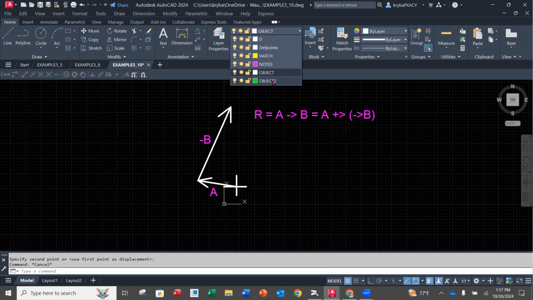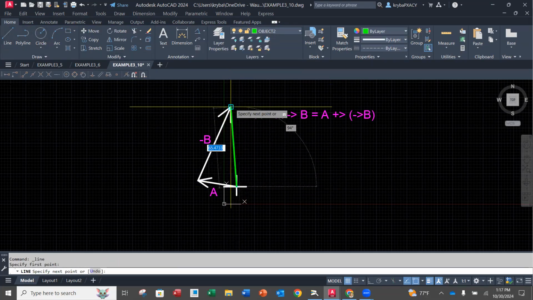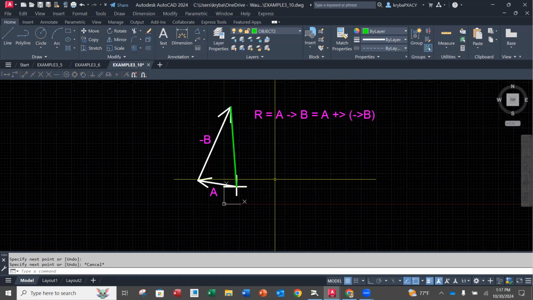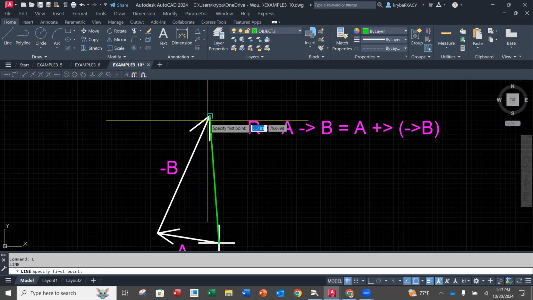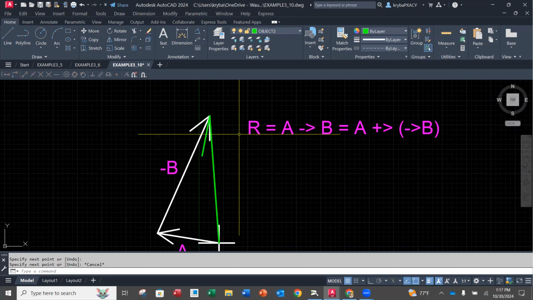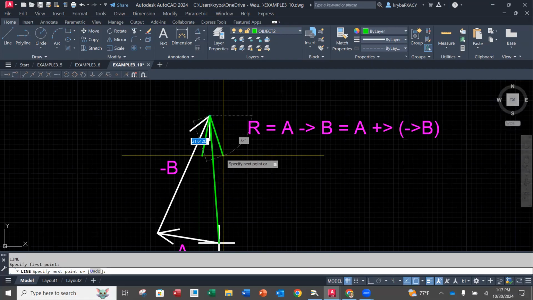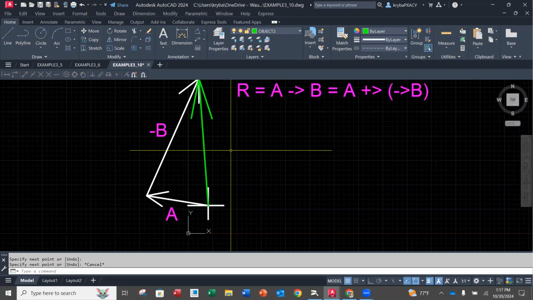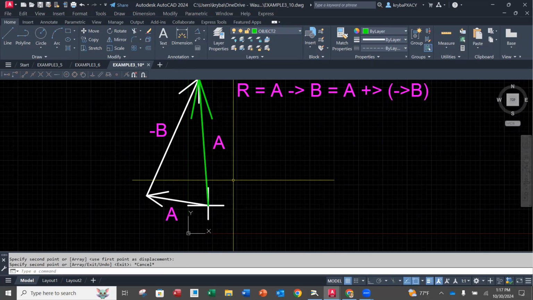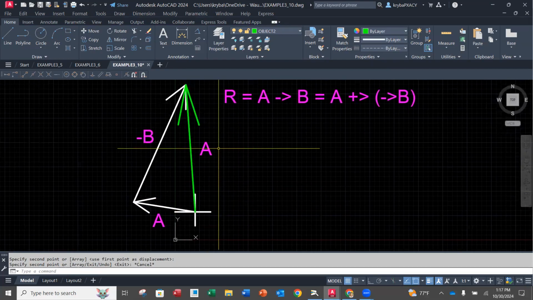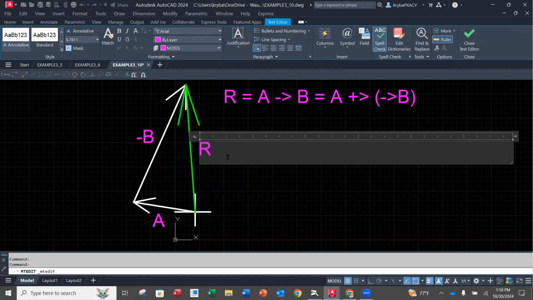Then I'm going to change my layer and add a line from the origin to the tip of my negative B vector. This is going to be the tip of my resultant, so I'm going to put my arrowhead on it. Arrowheads never go back to the equal sign; the arrowhead always goes to the last tip that you specified. And this is my resultant.